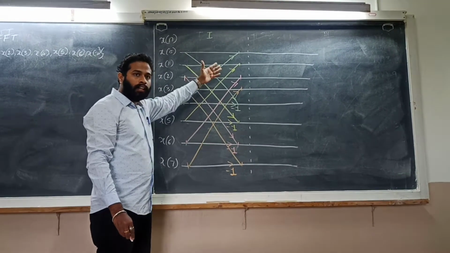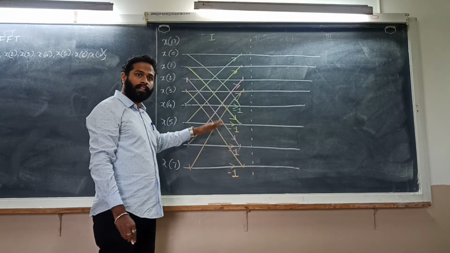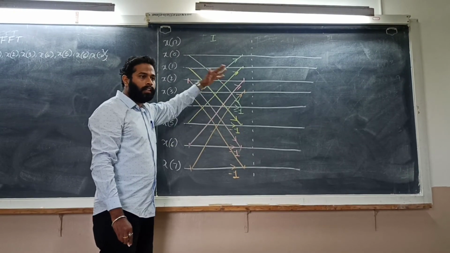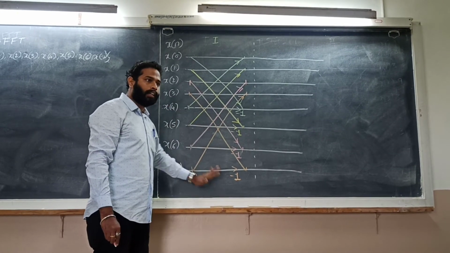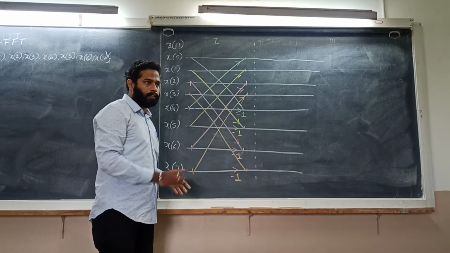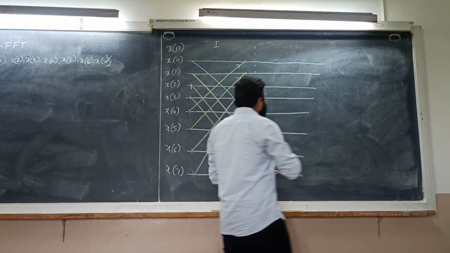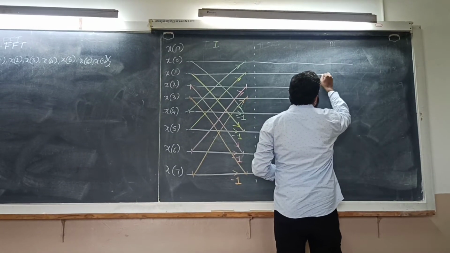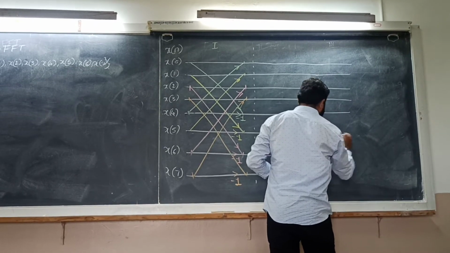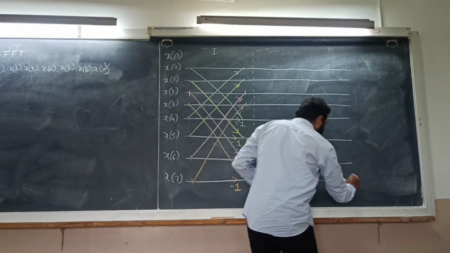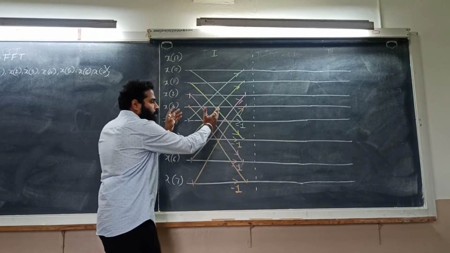Next, 6 to second to 6 by negating sixth. 7 to 3, 3 to 7 by negating 7, 8 to 4, 4 to 8 by negating 8. This is our first step. Please see your notes, that is 8 point DIT FFT. So this was the first stage.